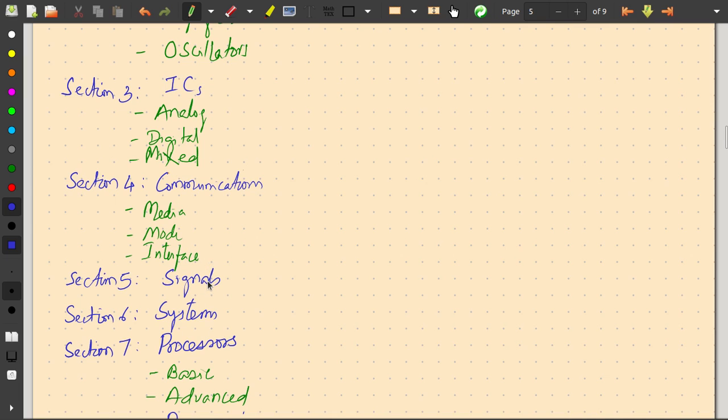Then comes the most important part of our world, which is a signal. Signal is what we are dealing with, whether it is communication or electronics, whatever is being generated, whatever is being received is what we call a signal. Commonly, a signal is one which keeps varying with time, and we want to represent this signal in a more abstract way, instead of explaining how the signal looks or how it keeps changing.